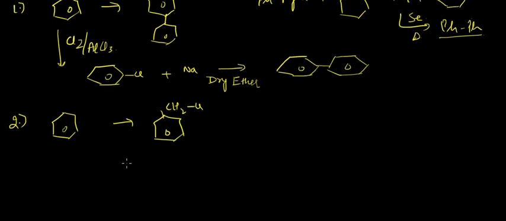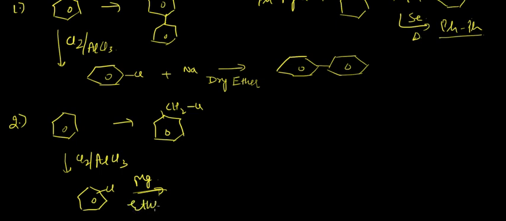Obviously we can have Cl2 in presence of AlCl3, make it chlorobenzene, and from chlorobenzene in the presence of Mg in ether we can have something like this.